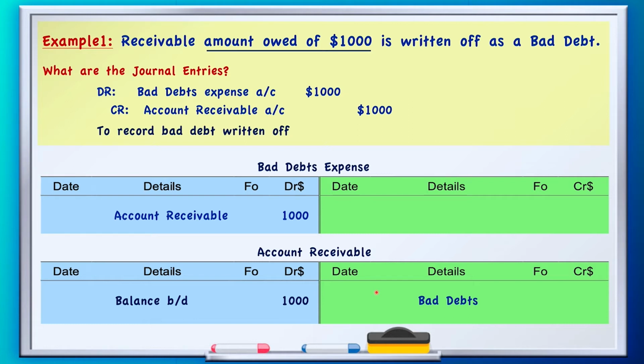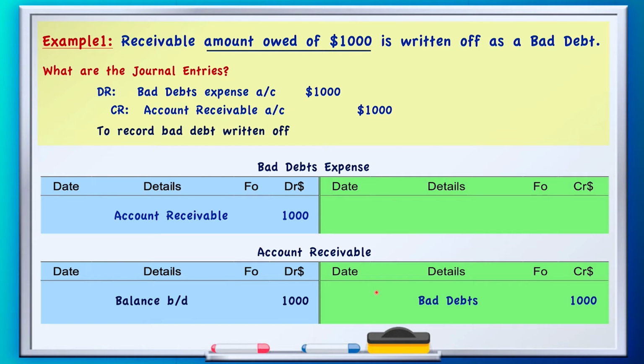Okay, and then how much is the bad debts that is being written off? $1,000. And there you have just finished, and this is what your accounts would most likely look like. Right? If you just have that they write off the entire amount, this is what you would see for your accounts until at the end, which we are going to reach, we transfer the bad debts to the income statement and we balance off the accounts receivable. Okay?